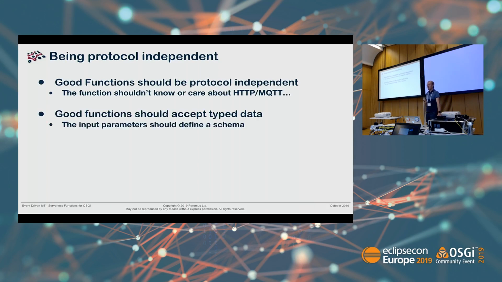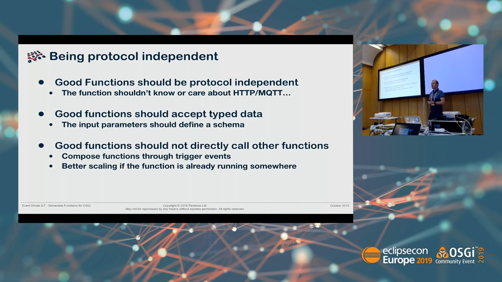The data, however, should be typed. You should have a defined schema which says this is the data that I expect and the format I expect it to come in. Because if you don't have that, it becomes really difficult for people to work out what they should provide you and how they should call you.